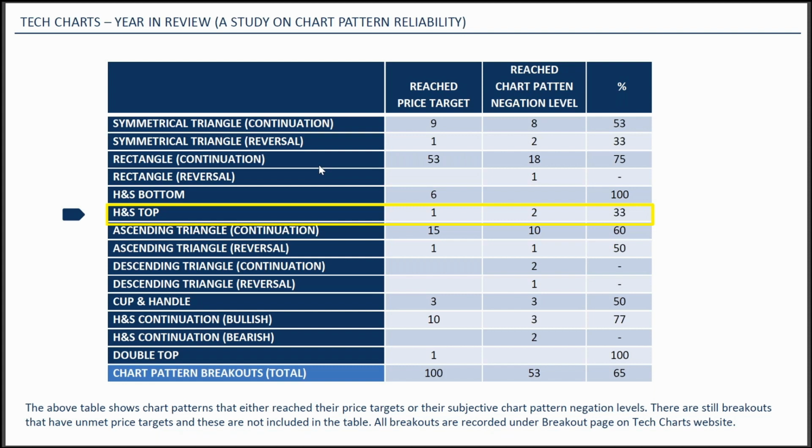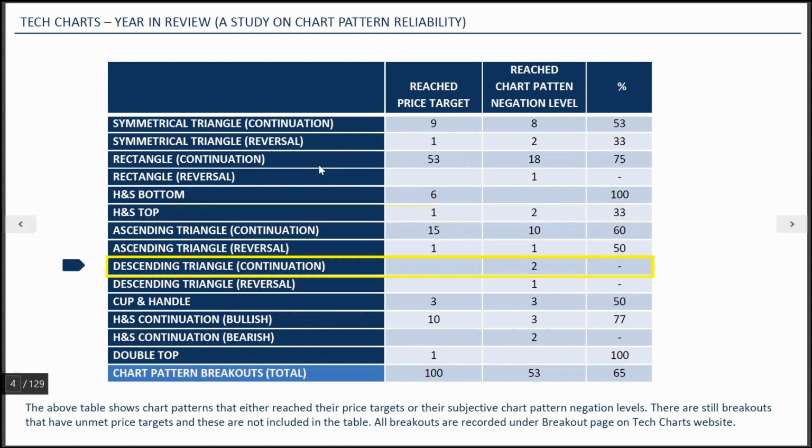So you can see that these bearish chart patterns in a rising market have been relatively less common compared to other chart patterns, and have been less reliable because of the global trend. If you look at descending triangle as a continuation, there were very few chart patterns developing. Descending triangle reversal, again, very few.